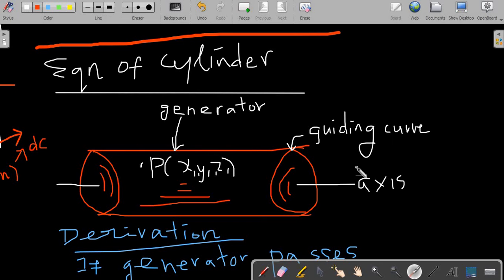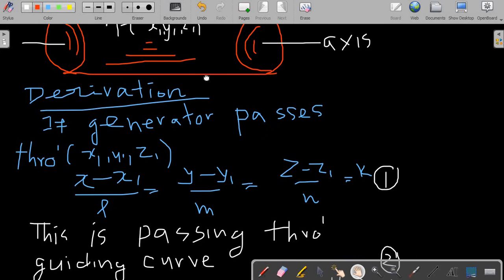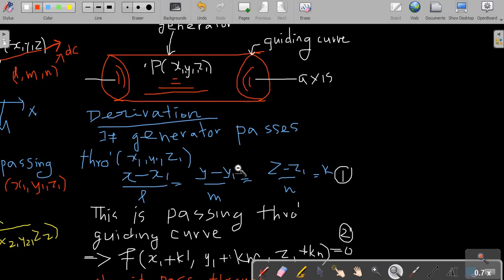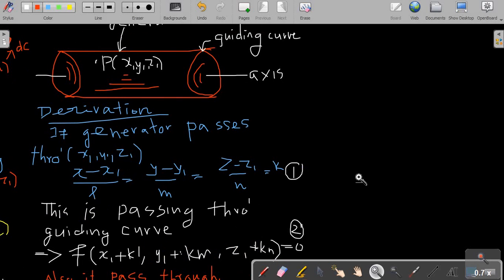So let us make the derivation of the equation of a cylinder for the time being. Right now let us discuss how we can derive the equation of the cylinder. Okay, now look at this. This is what you are seeing. Whether in your cell phone you can see this or not, I don't know.